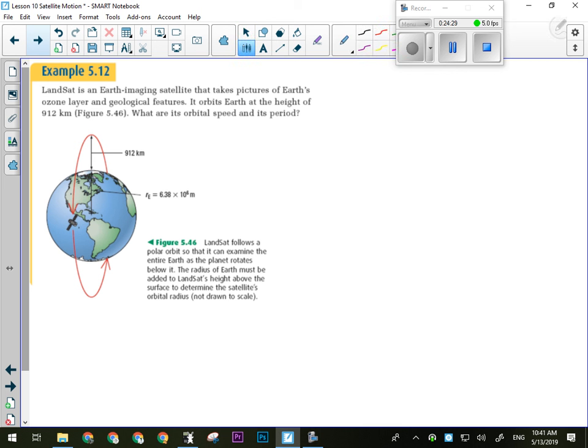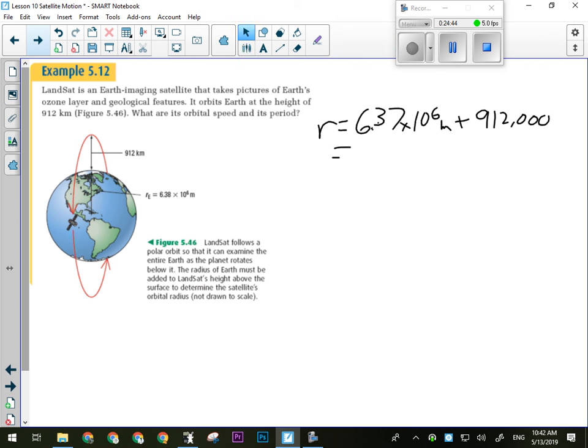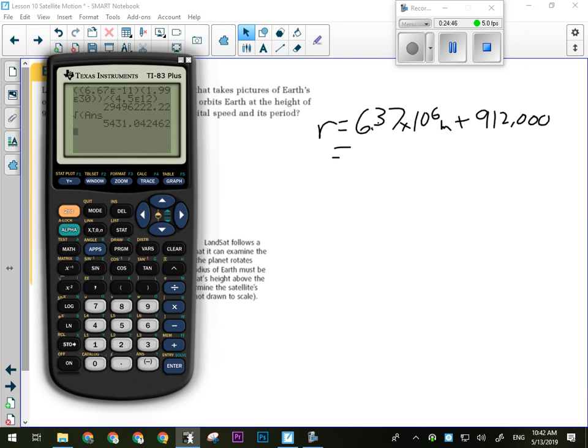To find the radius, I'm going to take 6.37 times 10 to the 6 meters, which is what it is on our formula sheet, and add 912,000 meters to that to get the correct orbital radius for Landsat. So that'll be 6.37 times 10 to the 6 plus 912,000.